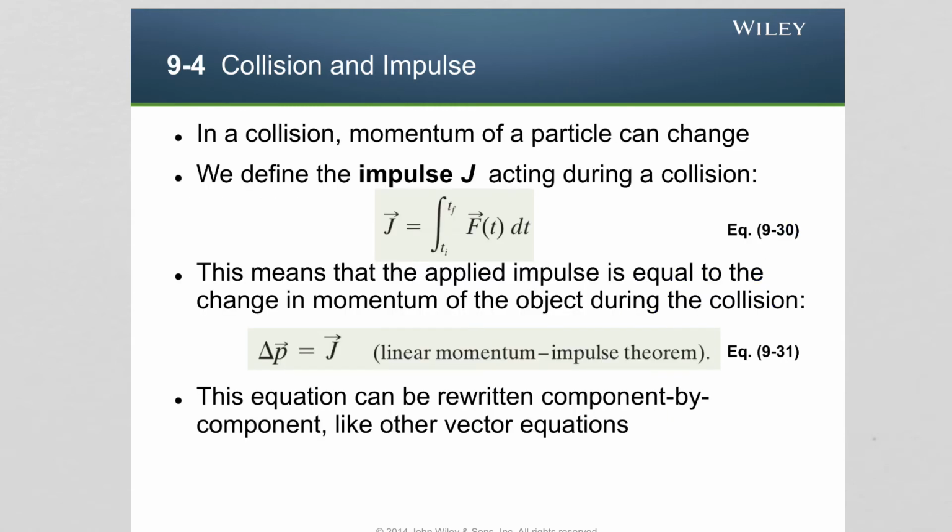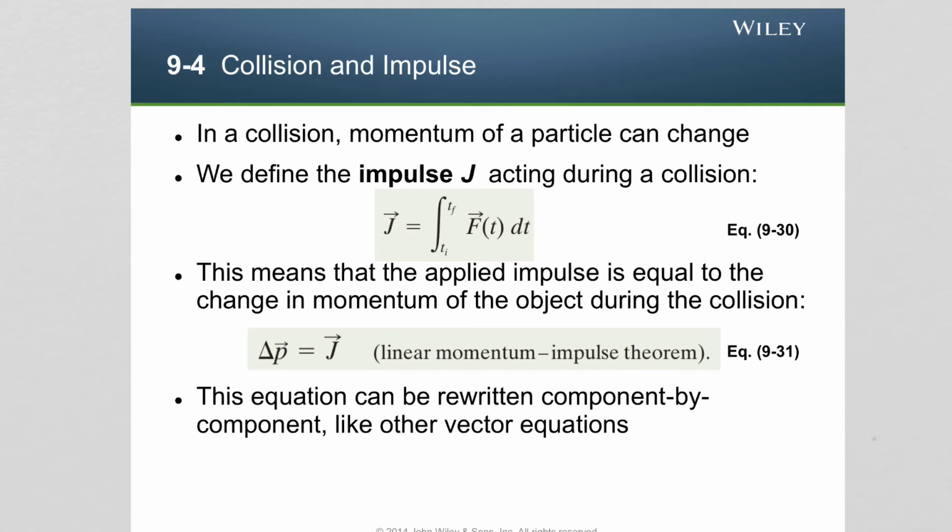And this relationship is very simple. The applied impulse is equal to the change in momentum of the object during the collision. Or in other words, the change in momentum is equal to J, the impulse generated during collision. And this is known as the linear momentum impulse theorem, or simply impulse momentum theorem.